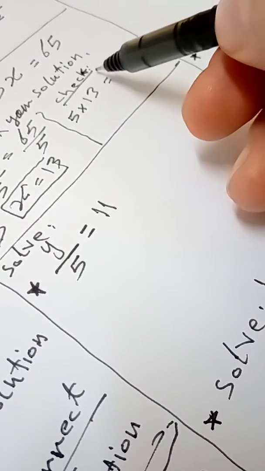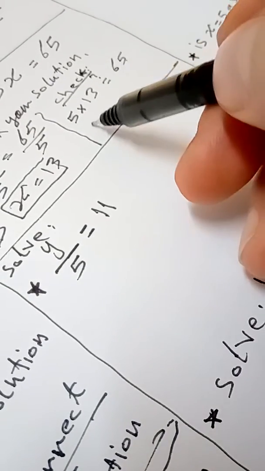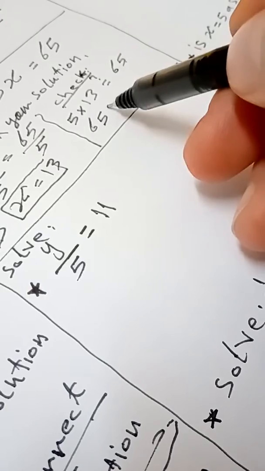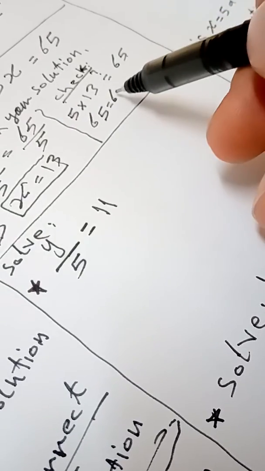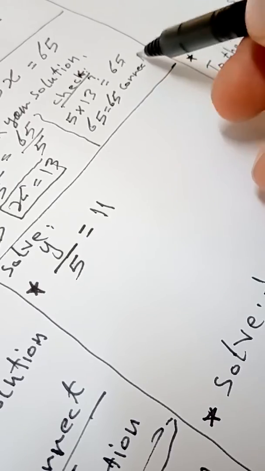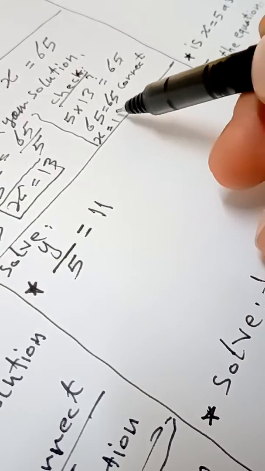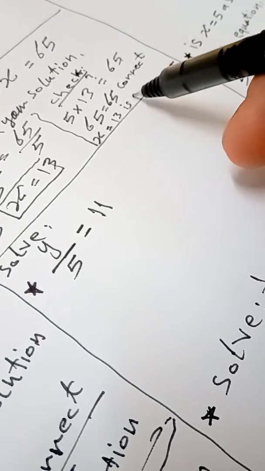Check now. 5 times 13 will be 65. 65 really equals 65. So correct. So that means 13 is a solution.